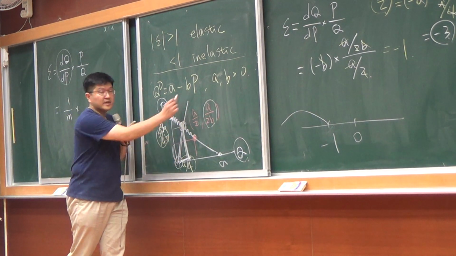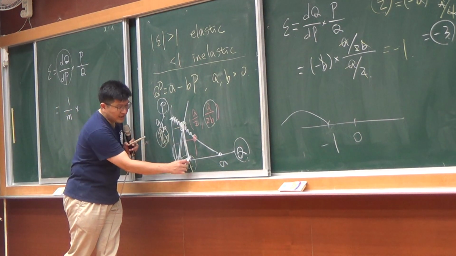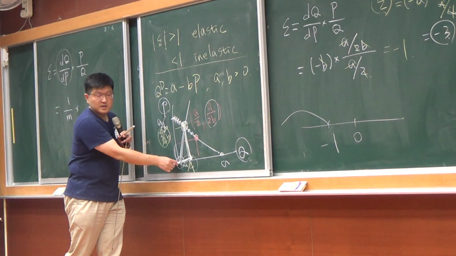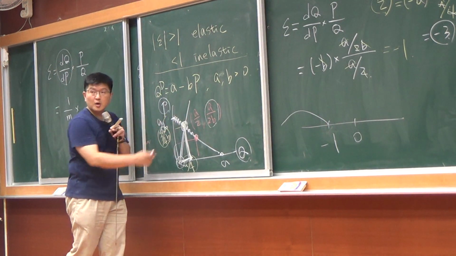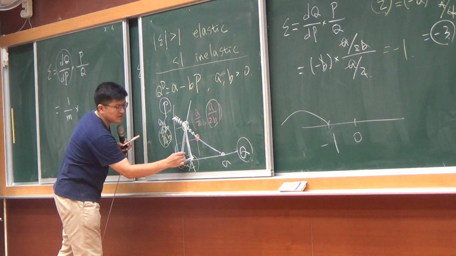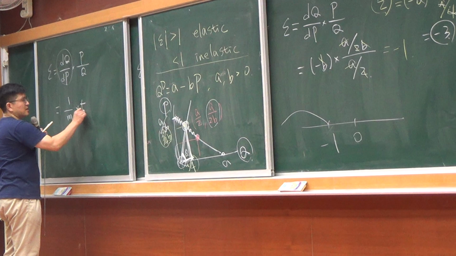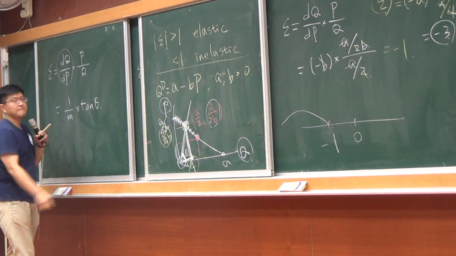We may have a linear curve here, right? So the price over q is actually the slope, or the tangent value, of this angle theta. So it is tangent theta.